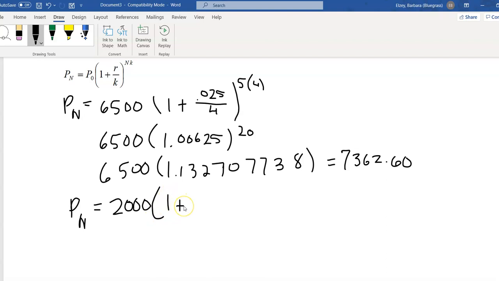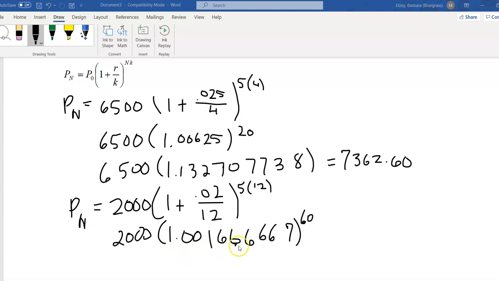1 plus 2% will be 0.02. 12 times per year since it's monthly. And we're doing this for 5 years, so 5 times 12. Okay, so let's put 1 plus 0.02 divided by 12 into the calculator. That gives 1.001666667. And then, of course, multiply the 5 and the 12 to get 60. Now we've got to take our 1.001666667 to the 60th power.